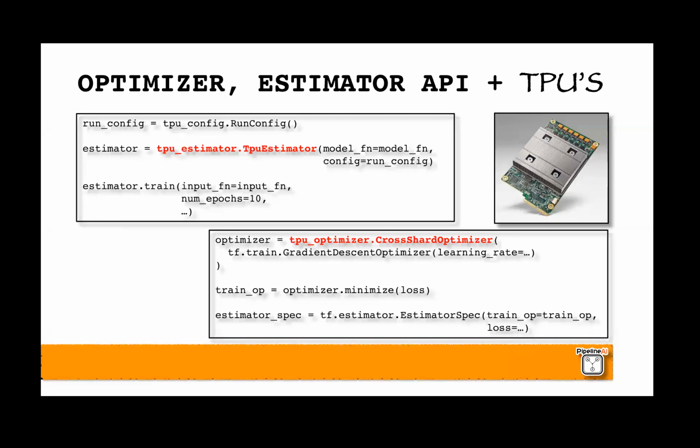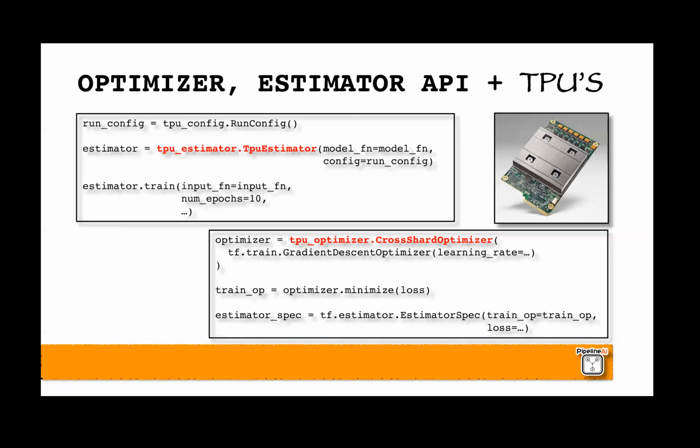Here's something specific to TPUs. This is what I was saying earlier, we're starting to see TPU-specific stuff creeping up inside of TensorFlow. I assume at some point this will move into the core mainstream. Right now, I believe it's part of Contrib. There are some slightly different things. Instead of creating just a base estimator, you have to create a TPU estimator. This is specific hardware that Google has created that is not general purpose like the Nvidia GPUs, but is very specific to these kinds of workloads.